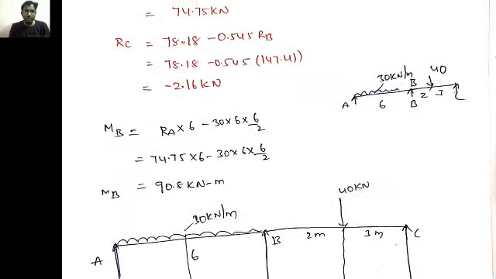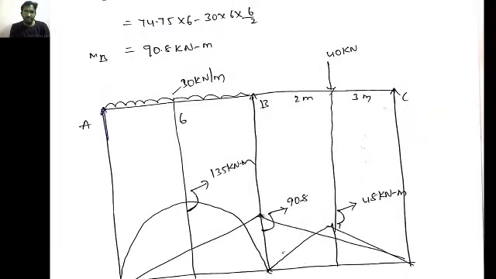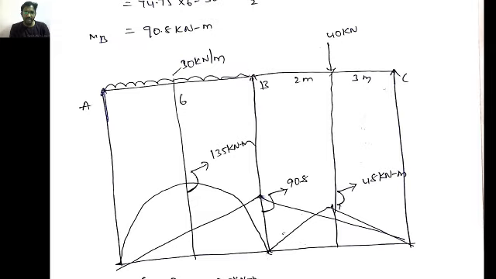Okay, and we will go to the bending moment diagram. So this is the final moment diagram. MB is the only value, and MA and MC are 0. Why? These are simply supported ends, and at simply supported ends no moment will appear.